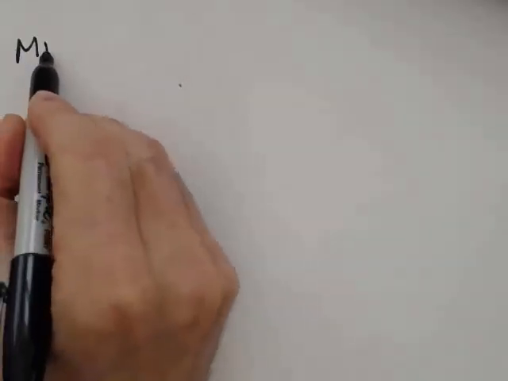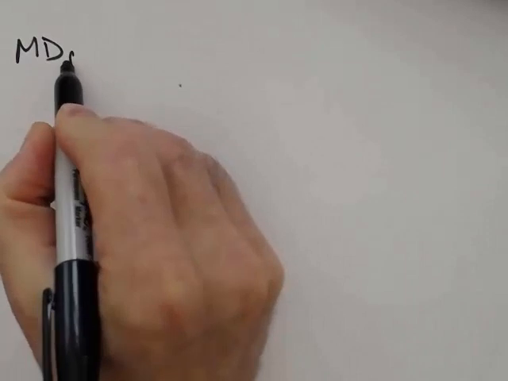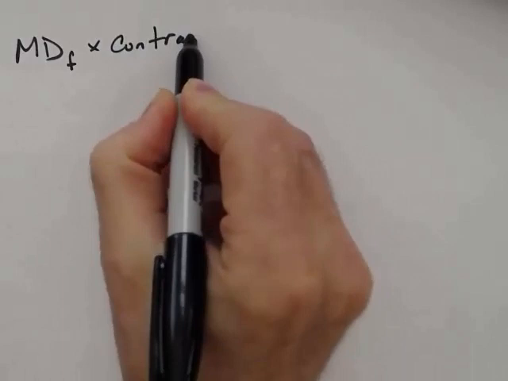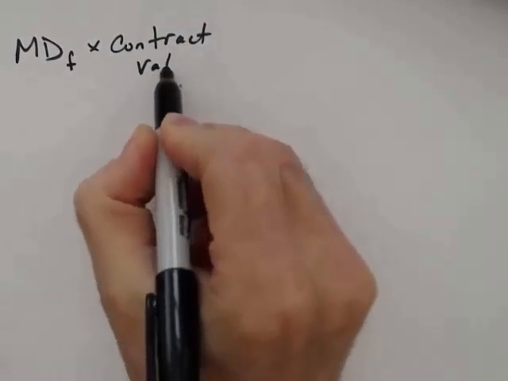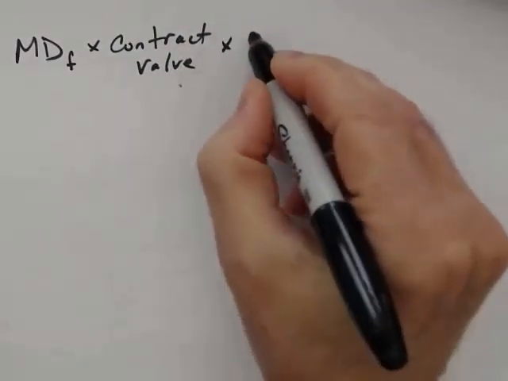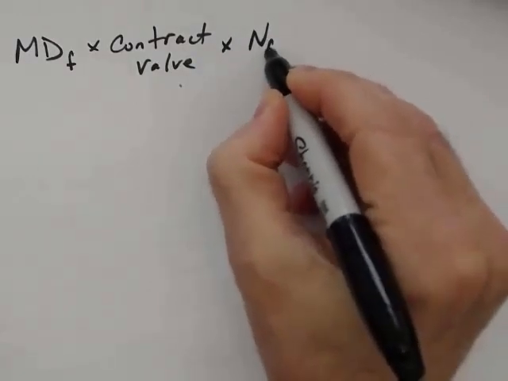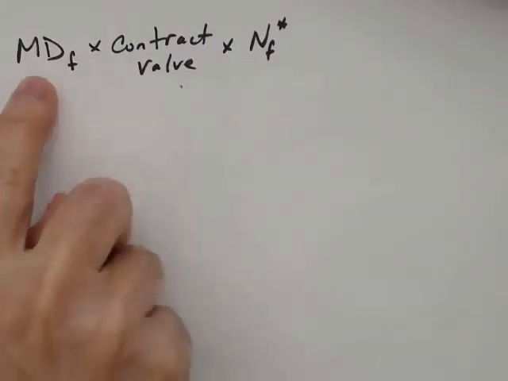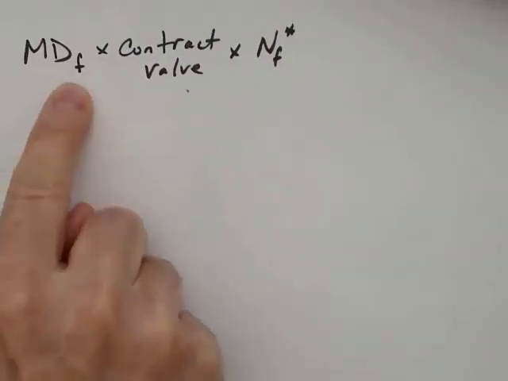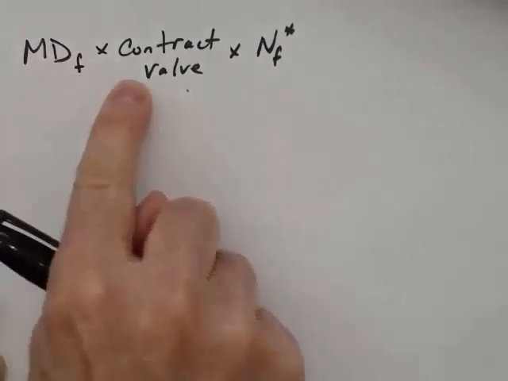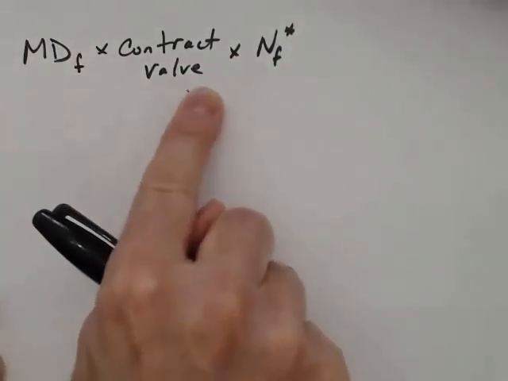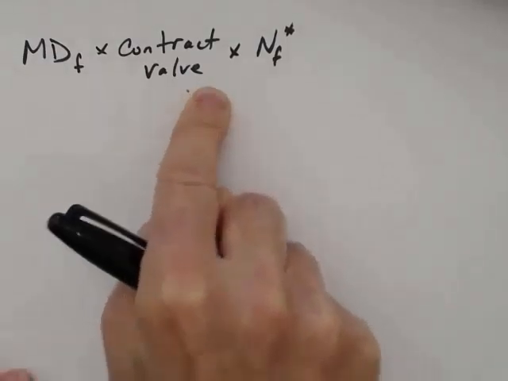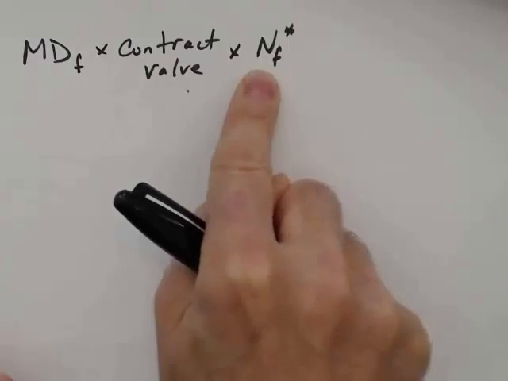What we want to do is pretty simple, I think. We want to take the fluctuations that occur in a futures contract position. All right, so what this is telling us is we're taking the modified duration of a futures contract, multiplying it by the contract value, you know how many bonds are in the contract, and then multiplying it by the number of contracts that we need.